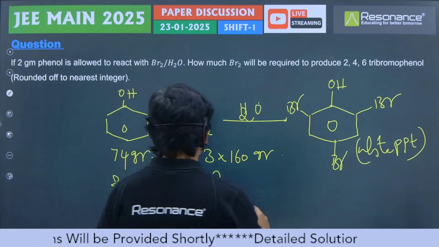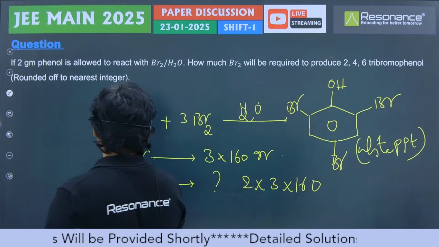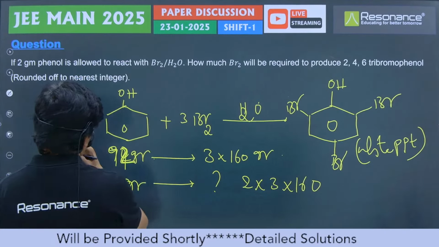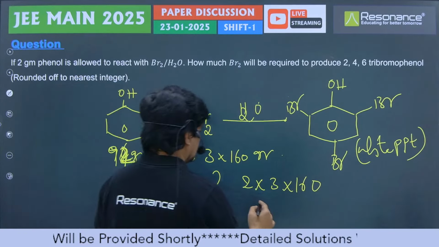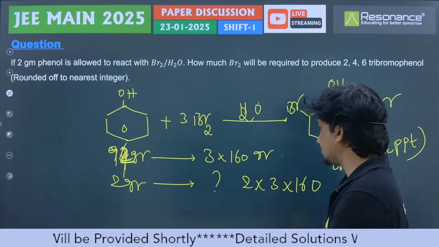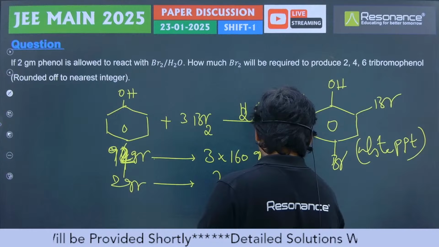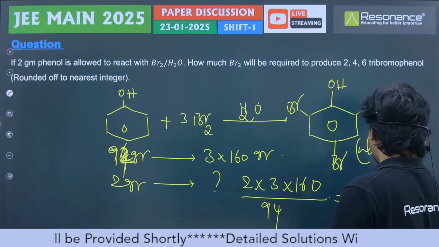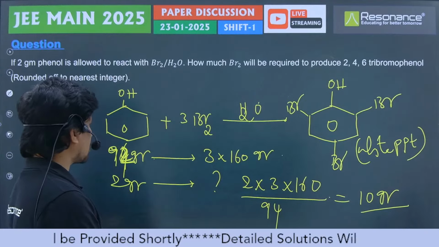By cross multiplication, 2 into 3 into 160 by 94. If you solve this, approximately we get what? 10 grams of bromine is required to form 2,4,6-tribromophenol, right?